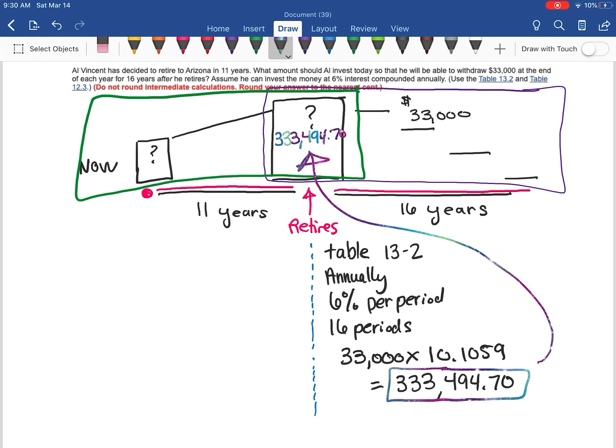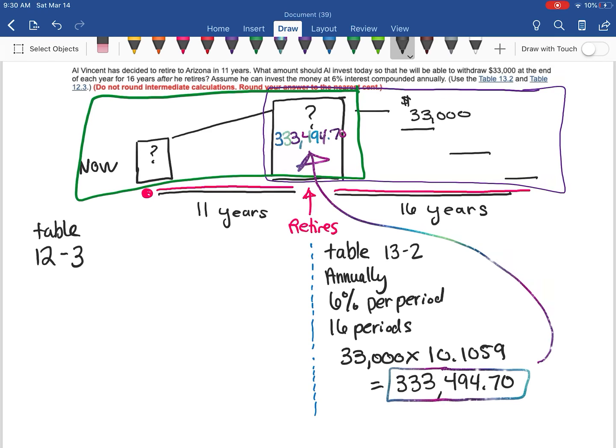What lump sum of money do I put in right now so that I have the $333,494.70 in 11 years? Woo, that was a mouthful. So that is going to be table 12-3. That's going to be present value. I know how much I want to have later, and I've got to figure out what that lump sum is that I'm going to deposit now.